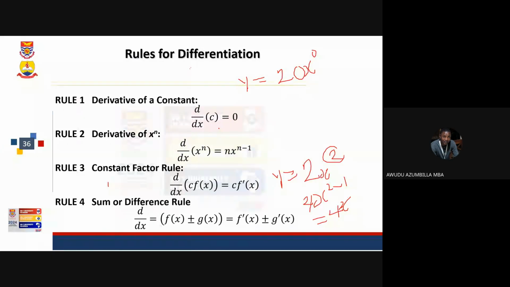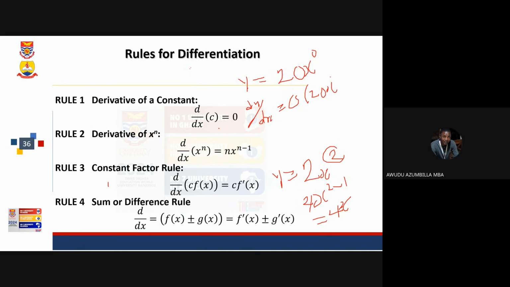So I can now differentiate this one by using the power rule. So dy over dx is equal to, now the power rule states that multiply the whole function by the exponent. The exponent here is 0. So I'm going to multiply 0 by 20x and subtract 1 from 0.